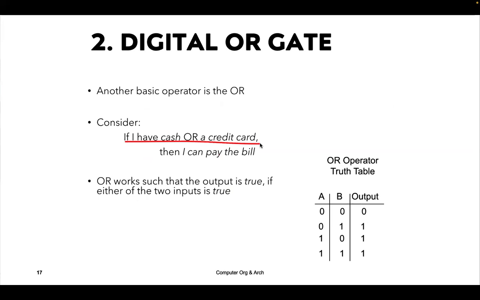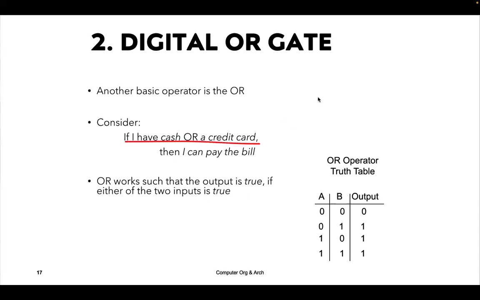That is in case I have money on my mobile account, on my Momo Pay, and maybe I have cash, I can go to any fuel station and buy fuel. OR gate, meaning that any of the two options can work, such that the output is true if either of the two inputs is true.